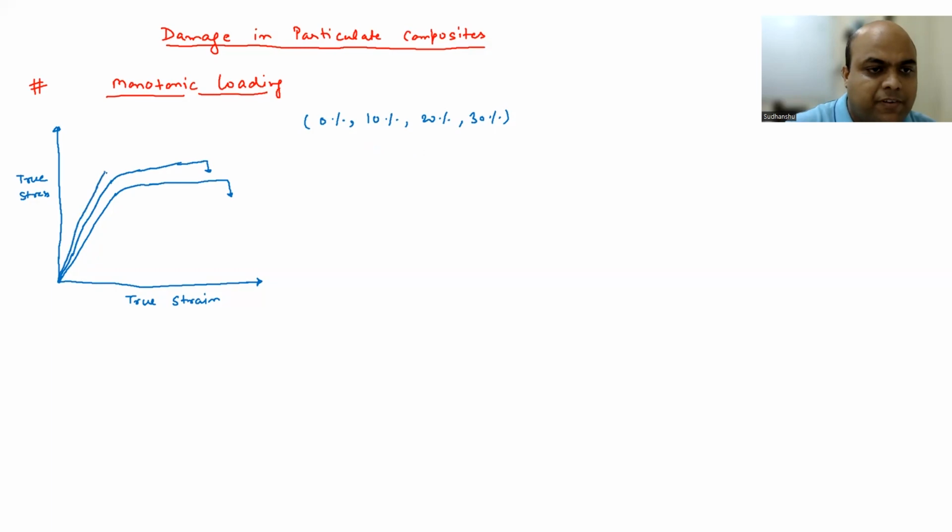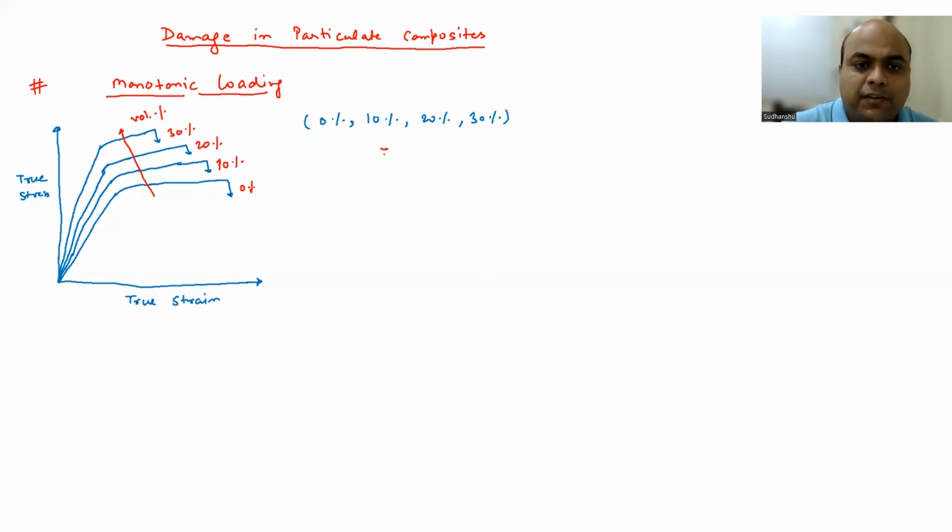So you are going to observe curves. I'm drawing a rough schematic of the curves you are going to observe for these 4 composites. So let's say the bottom one is for 0%, then 10%, 20%, 30%. Okay. So your volume percentage is increasing in this direction.